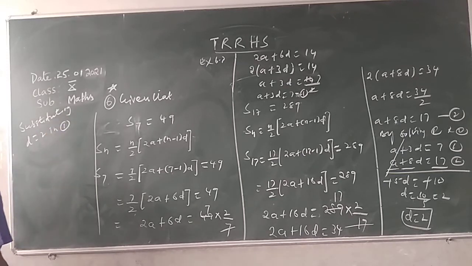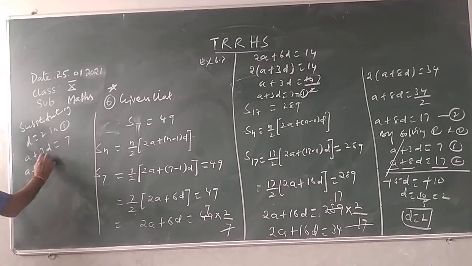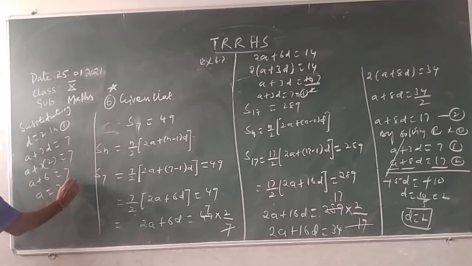Substituting this in the first equation, a plus 3d is equal to 7: a plus 3 times 2 is equal to 7, a plus 6 is equal to 7. A is equal to 7 minus 6, a is equal to 1. We got a is equal to 1 and d is equal to 2.